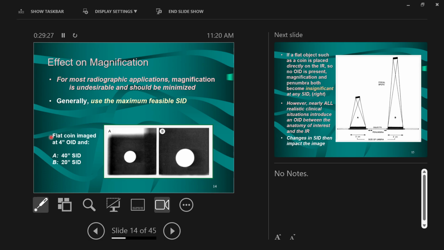Image A was done with a 40-inch SID, this one. Image B was done with a 20-inch SID, that's this one. Image B was closer, so the shadow, the umbra, the shape of the object was larger. When possible, use the maximum feasible source to image distance.